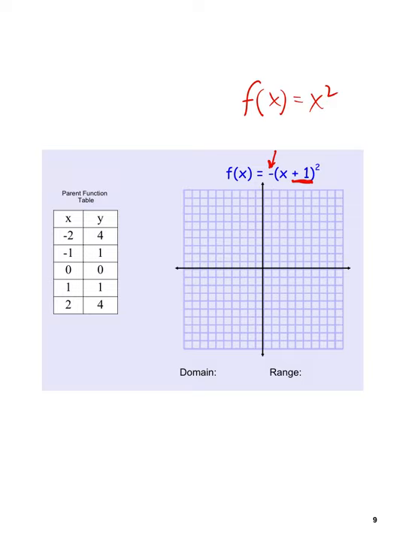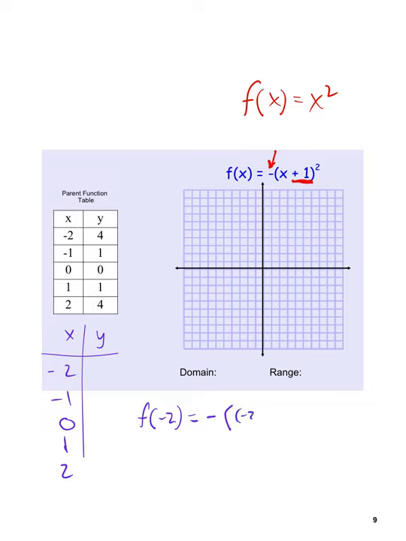And now here we don't have any restrictions on what can go in our table. So we could just take this table and use the same values if we want to and see what happens. So let's see. If I put -2 into my equation, so f of -2, again, I've got the negative up front.